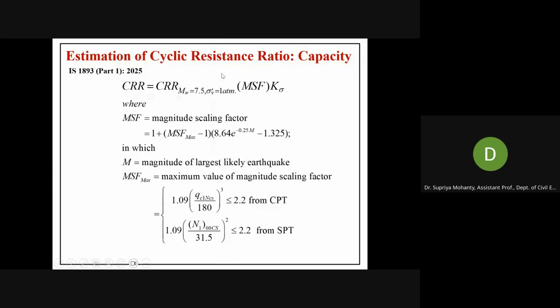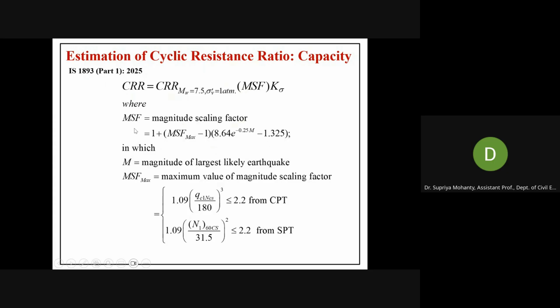So first, the CRR 7.5 we can calculate based on SPT, CPT, VS and DMT values, and we can multiply by MSF and K sigma depending on the seismic zone, because different seismic zones have different chances of earthquake and different magnitudes. And if you have a high overburden pressure zone, then you need to multiply by K sigma.